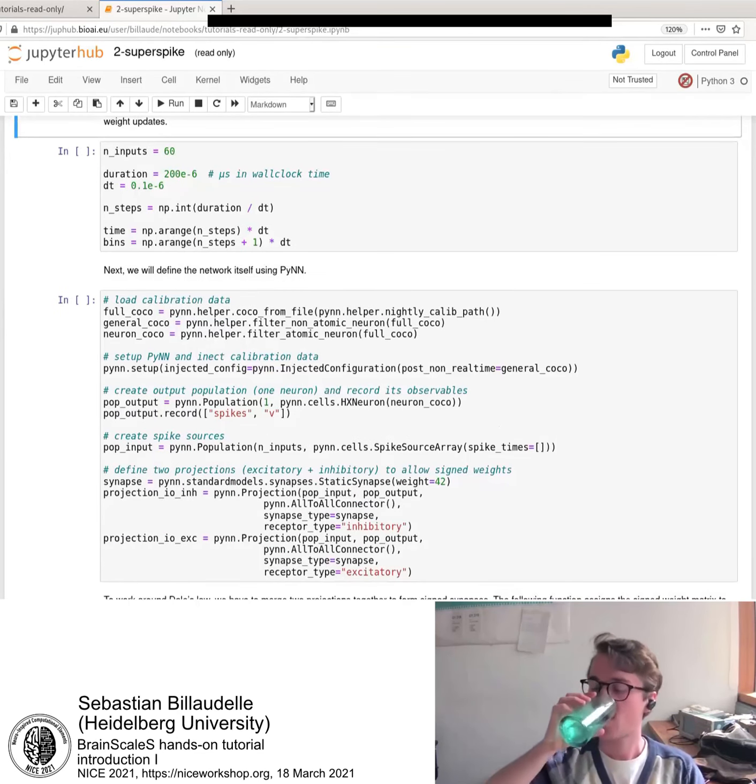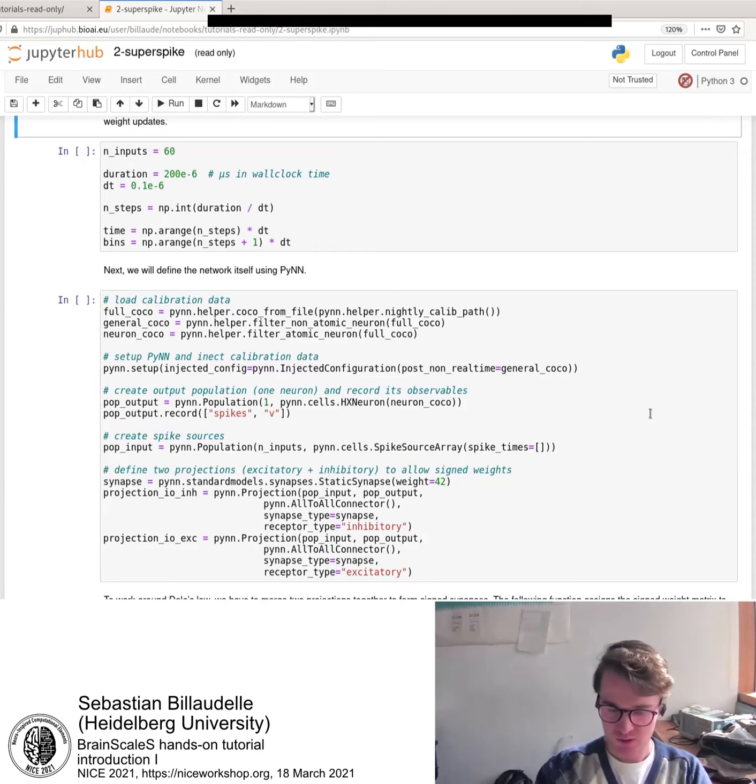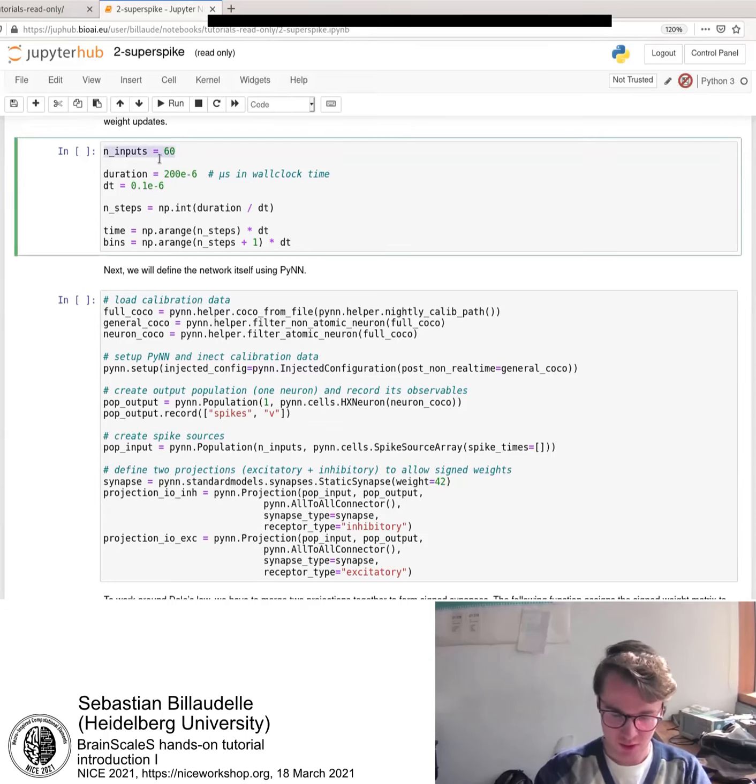At first, we just set up some arbitrary parameters, for example, the number of inputs to the network. We just use 60 here. Again, the duration, as in the previous experiments, we use 200 microseconds, which, if you factor in the speedup of BrainScaleS-2, corresponds to 200 milliseconds on these typical biological timescales.